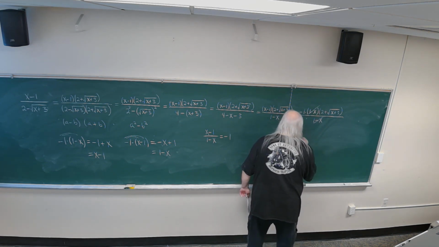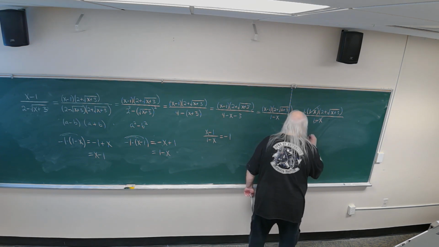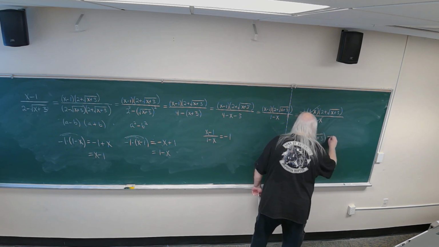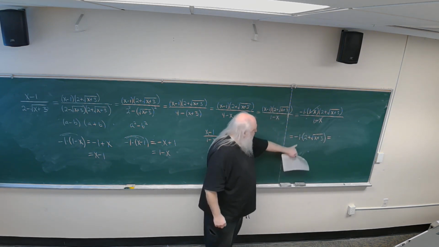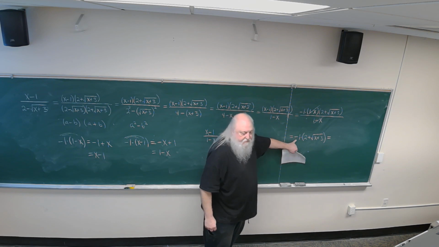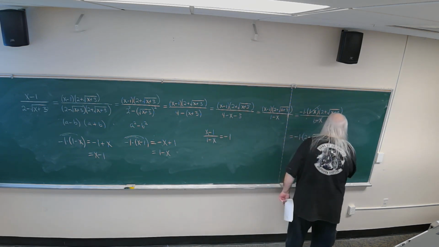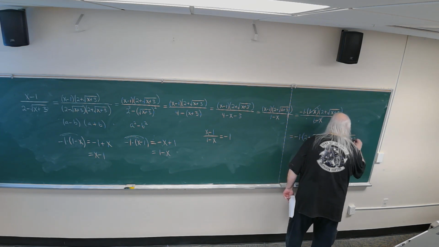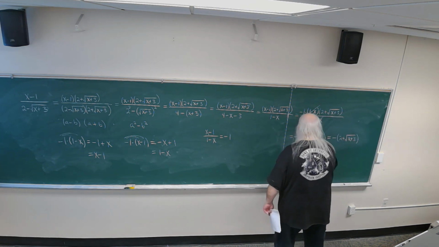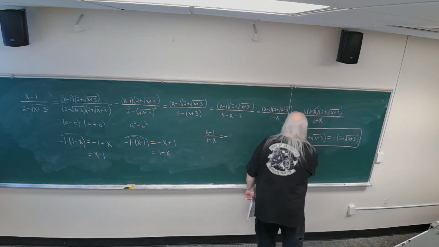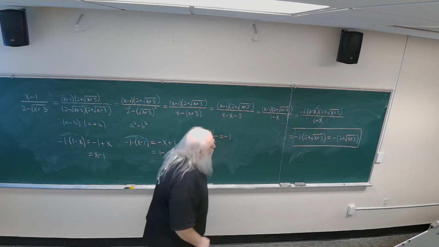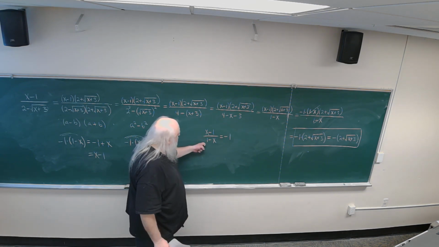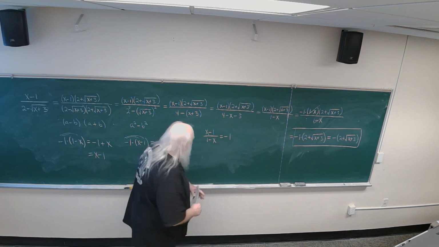This is equal to minus 1 times 2 plus the square root of x plus 3. And instead of having minus 1 out here, you can just put a minus sign, and you have minus 2 plus the square root of x plus 3. So x minus 1 over 1 minus x is equal to negative 1.